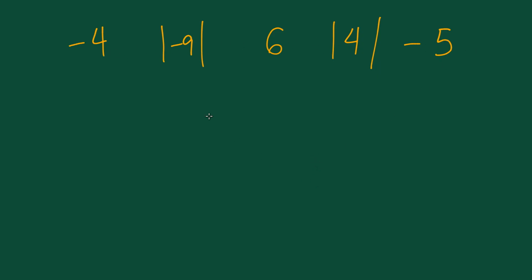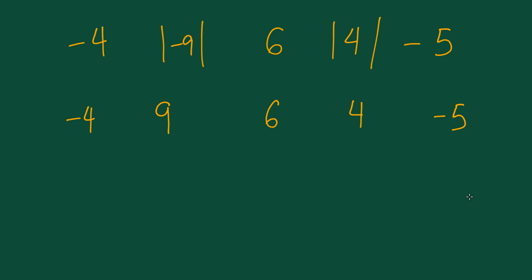Okay, well, the first thing you would do is let's evaluate these two absolute values. Okay, so negative 4 is negative 4. The absolute value of negative 9 is positive 9. 6 is 6. The absolute value of 4 is 4. And then negative 5 is negative 5.